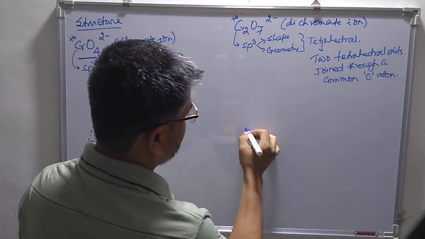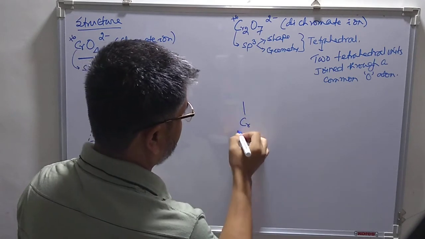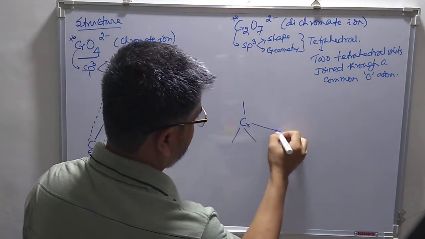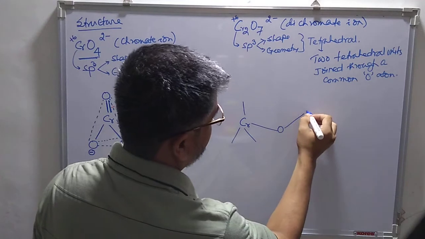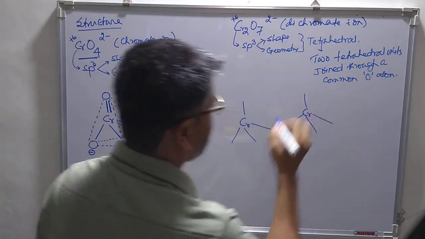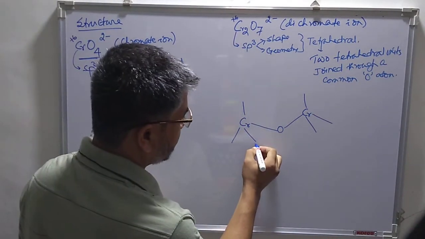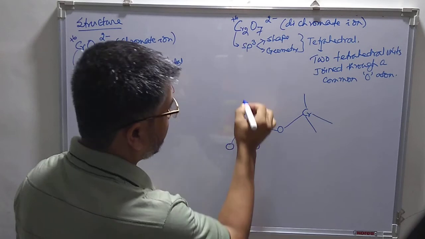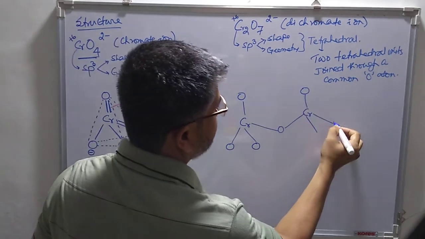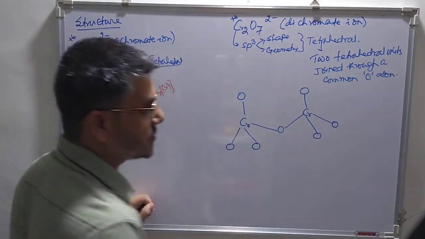So we have two chromium, which means we have two tetrahedral units, and these two tetrahedral units are joined through a common oxygen atom.